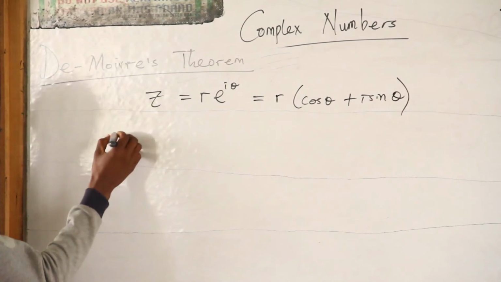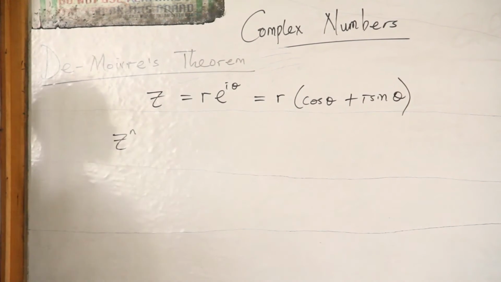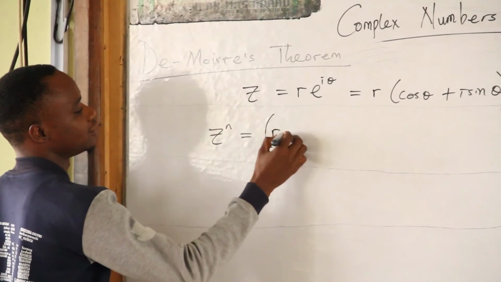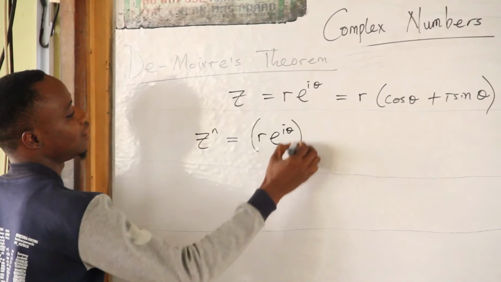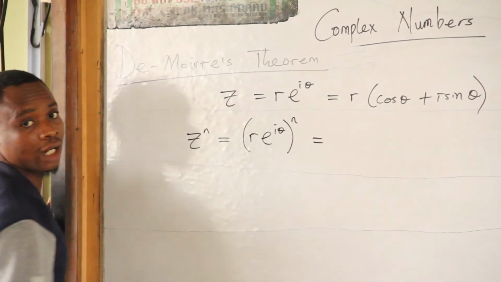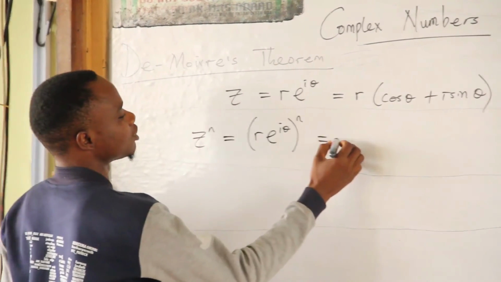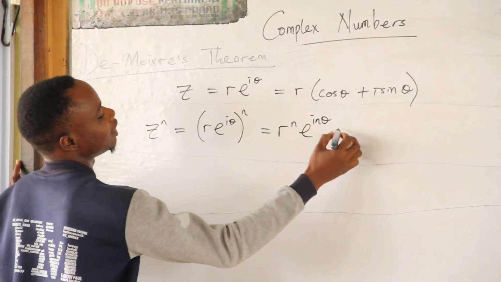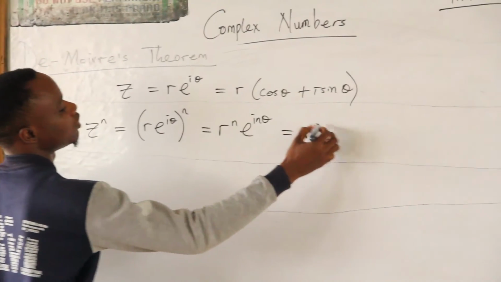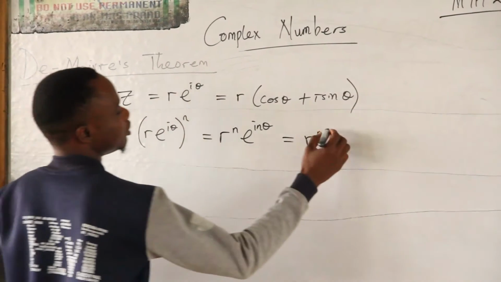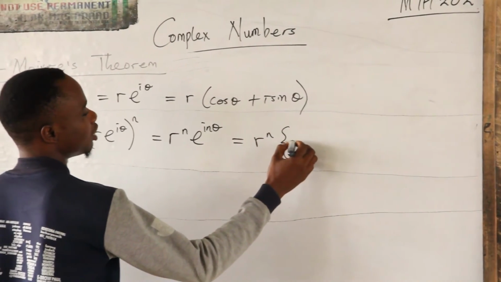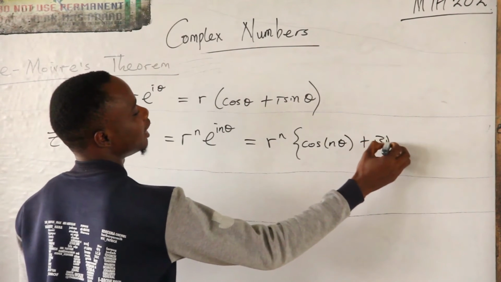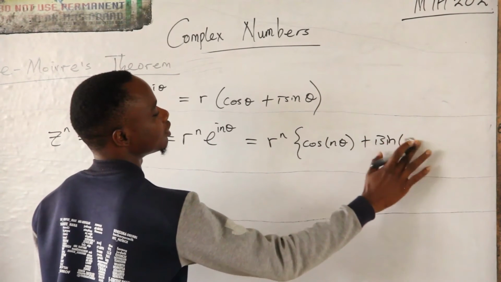Then we are saying that if you want to take the nth power of this, z raised to the power n obviously should be equal to r e raised to the power i theta, all raised to the power n. Which you expect to be r raised to the power n, e raised to the power i n theta, and this equals r raised to the power n into cos n theta plus i sin n theta.